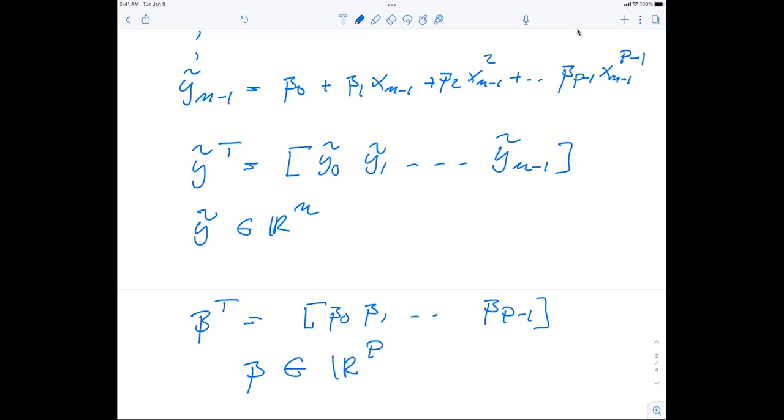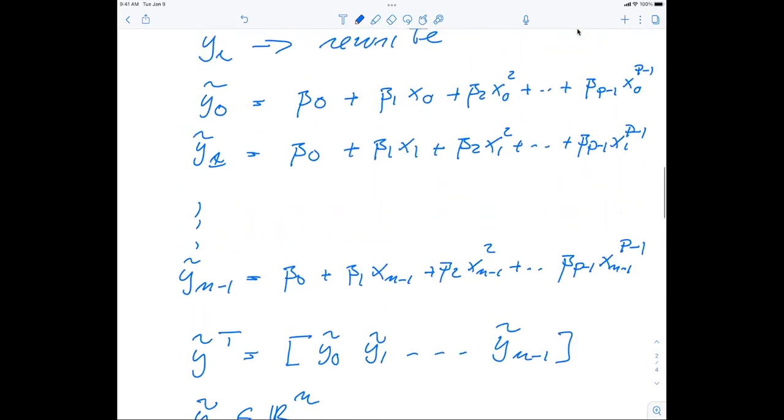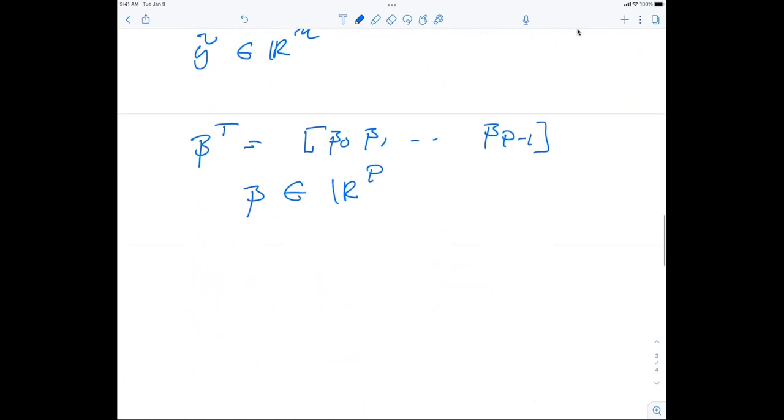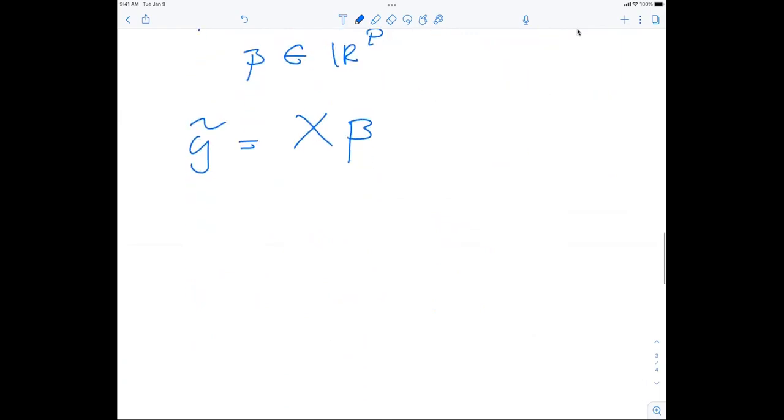And when you look at the structure here, you see that you can rephrase this as a matrix times a vector. So we can rewrite this vector y tilde in terms of a matrix X multiplied with a vector beta. And this matrix X, in our case, is simply going to be equal to 1s here.